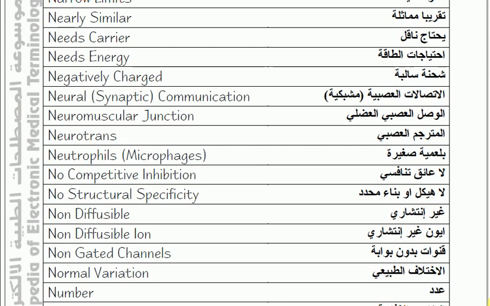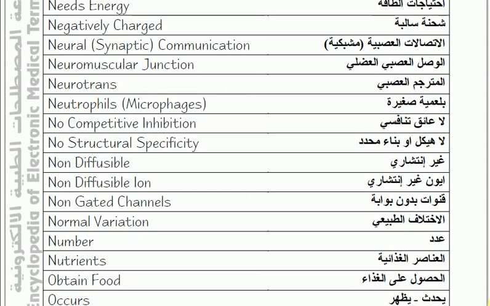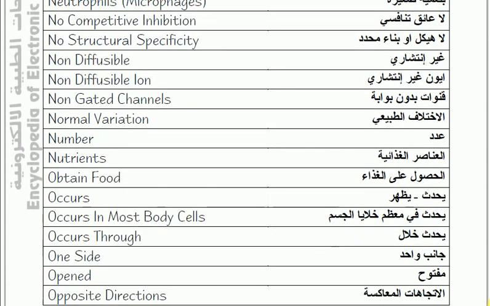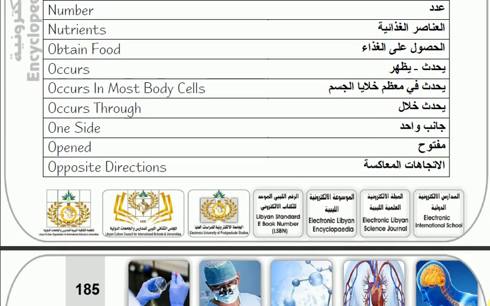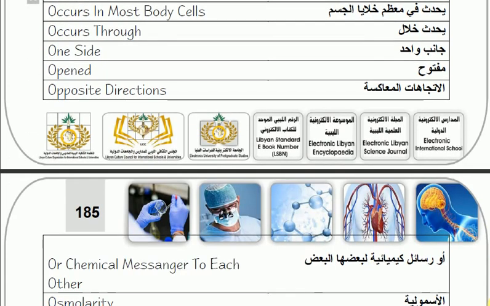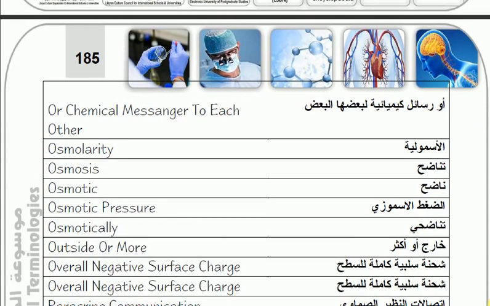Non-diffusible. Non-diffusible ion. Non-gated channels. Normal variation. Number. Nutrients. Obtain food. Occurs. Occurs in most body cells. Occurs through. One side. Opened. Opposite directions. Or chemical messenger to each other.